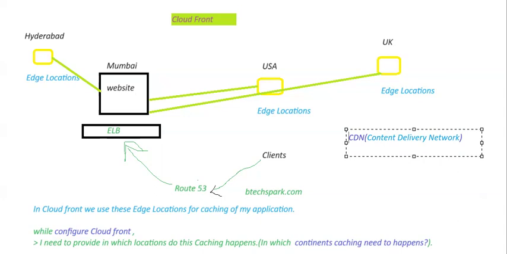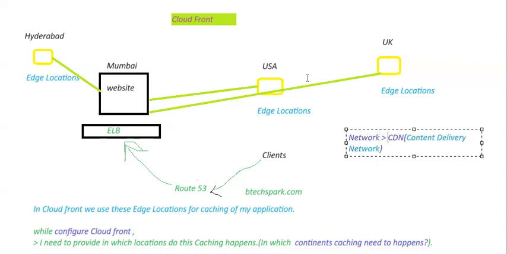Is it sending through internet? No. AWS is not using internet to send your data from your website, that is from your application, to your edge locations. While sending your data from your application to your edge locations, which network is this CloudFront using?